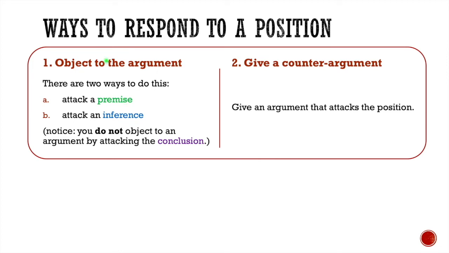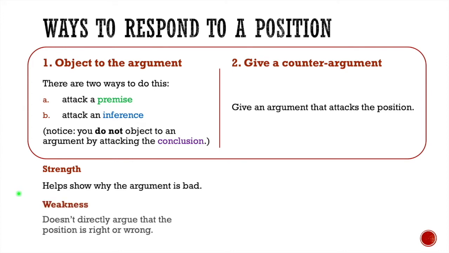There are different strengths and weaknesses to going one of these routes. If you object to the argument, a strength of that is that it helps to show why the argument for that position is bad. But a weakness of this route is that it doesn't directly argue that the position is wrong, right? You can have a bad argument for a conclusion while the conclusion is still true.